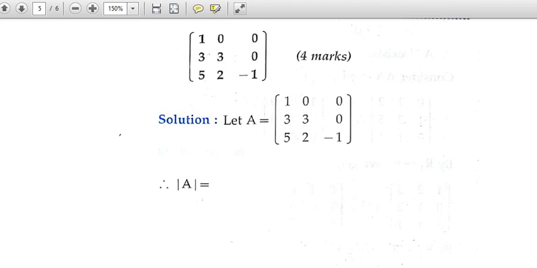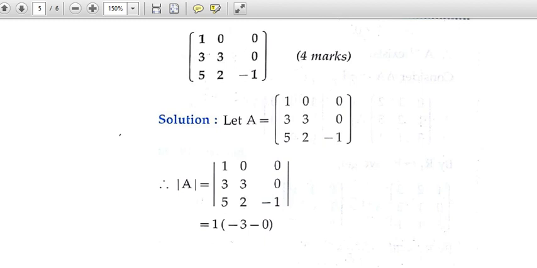So the determinant of A is equal to the first value 1 into, deleting its row and column, writing the remaining values as a determinant. Expanding, we get 3 into minus 1 minus 0 into 2.